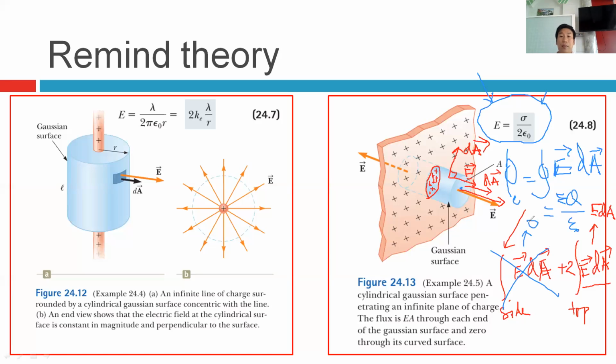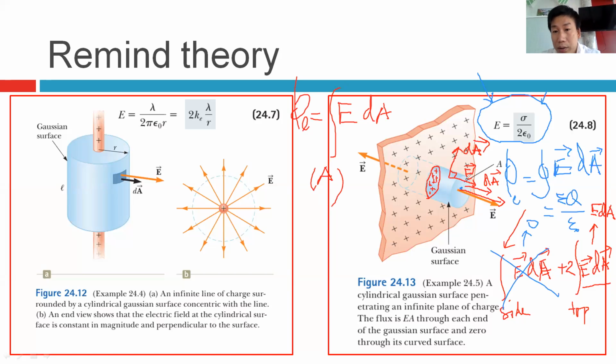Right? So in this case, you have the integral, phi here, equal to the integral of E dA.